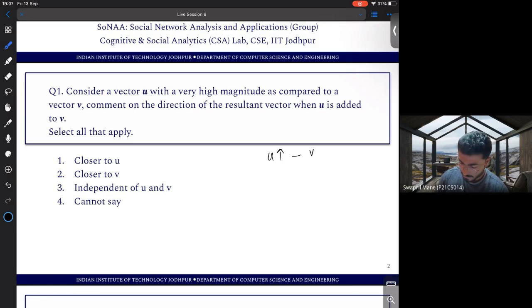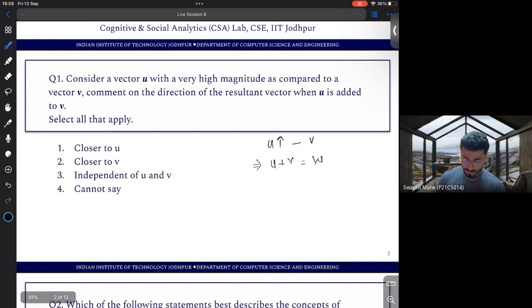After u is added to v, whatever resultant vector you get, suppose w, we need to state what the direction of this resultant vector w is.